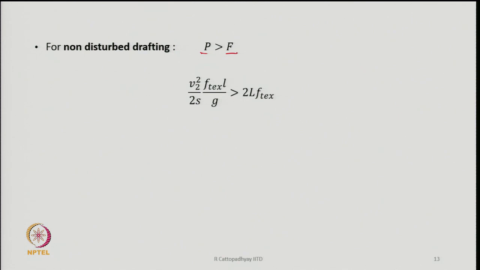So, P has to be more than F, and that basically means V squared by 2s FTX L by G has to be greater than 2 L FTX. This is the condition we have to meet, and from there we can say that V squared has to be greater than 4 small s capital L G by L. Say FTX and FTX will cancel on both sides.